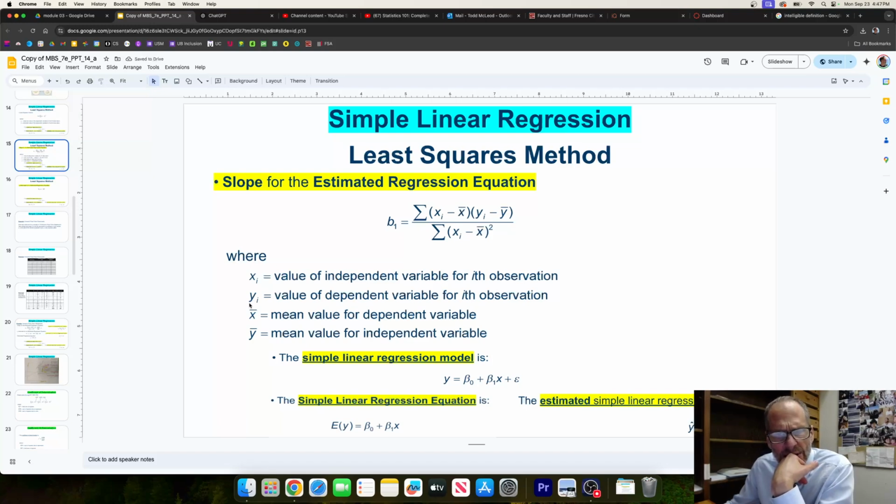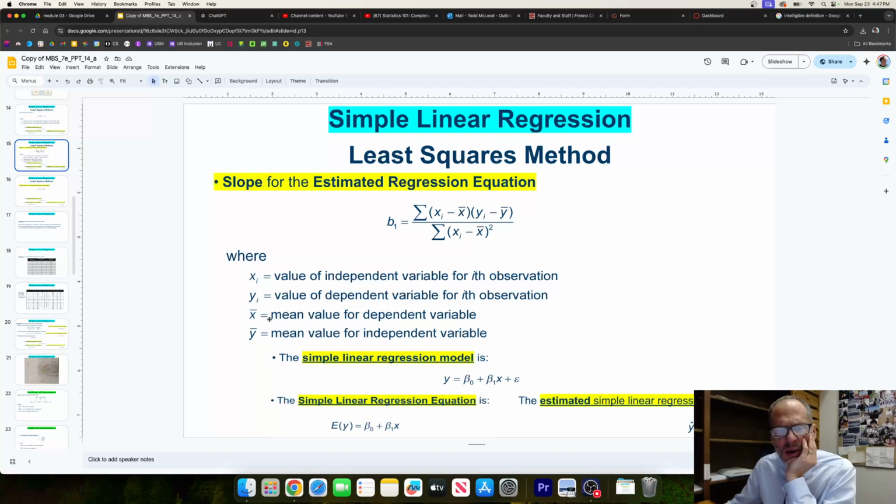So what can we say about this? We have xi minus x bar, yi minus y bar, xi minus x bar squared. Sum up those, and divide them. Here we have the value of the independent variable for the ith observation, x, and the value of the dependent variable for the ith observation, y.